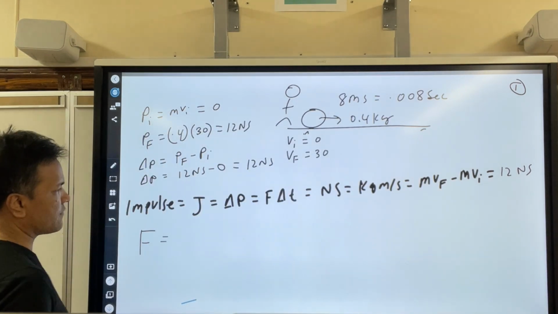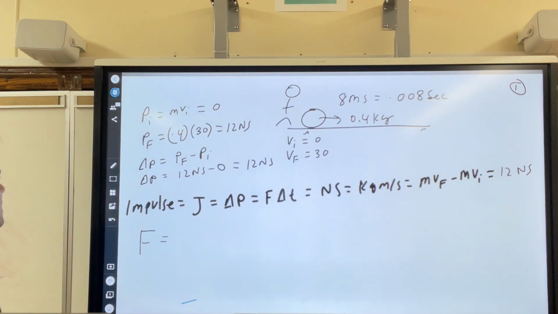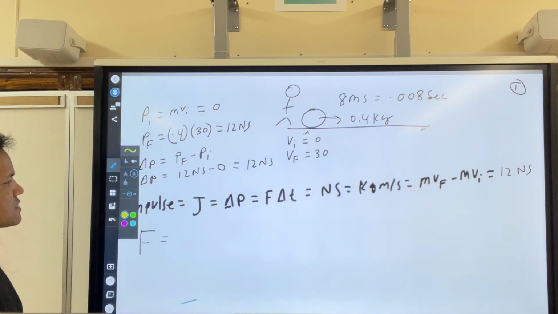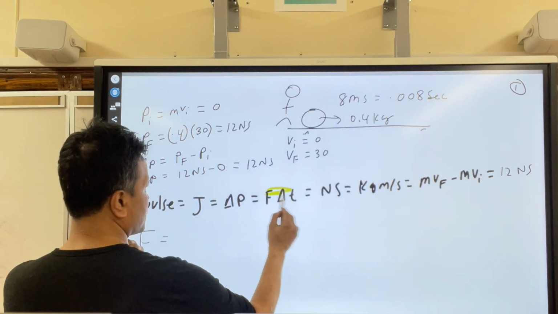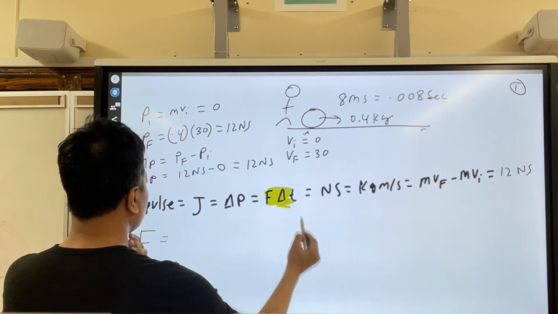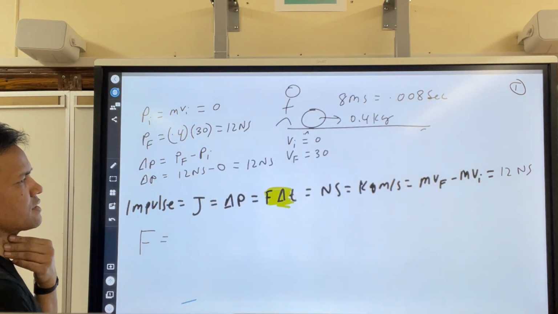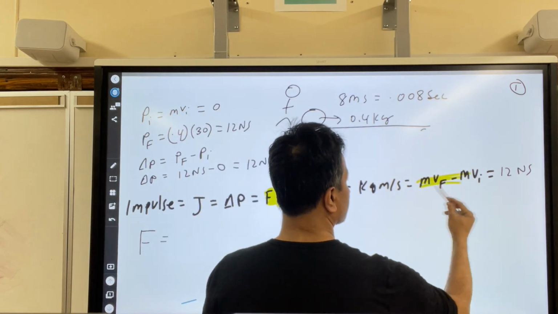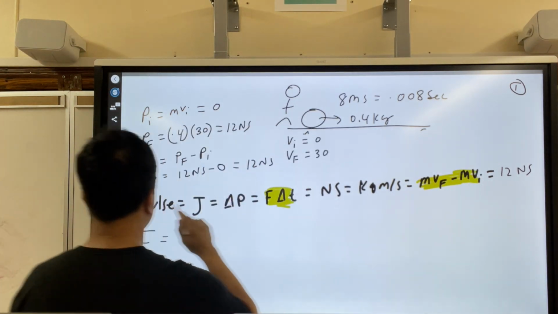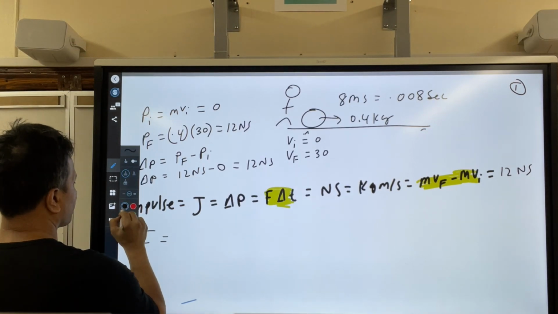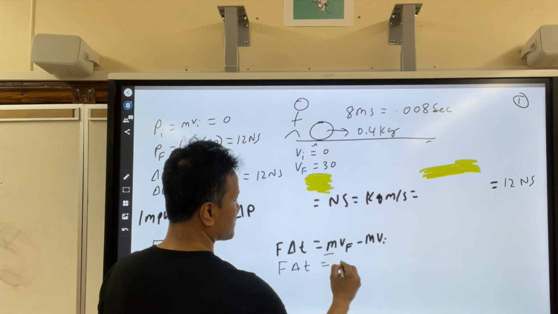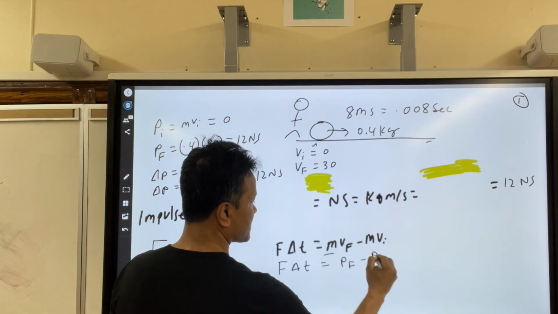To find the F, which equation are we going to use? Let's highlight the equation we're going to use. We're going to use this one, and we're probably going to use this one. These two. Alright, let's use them. F delta T is equal to momentum final minus momentum initial.